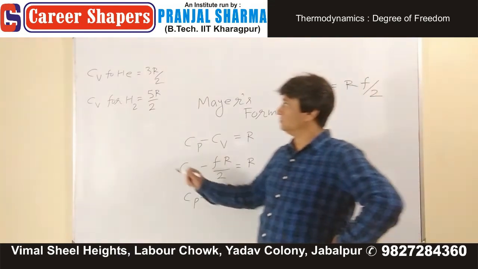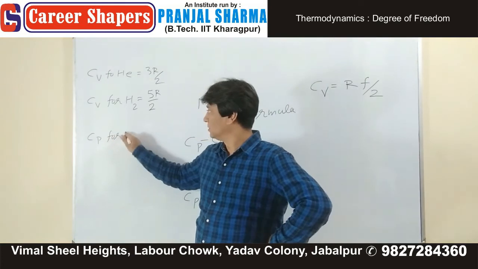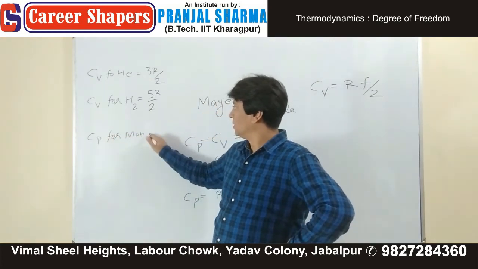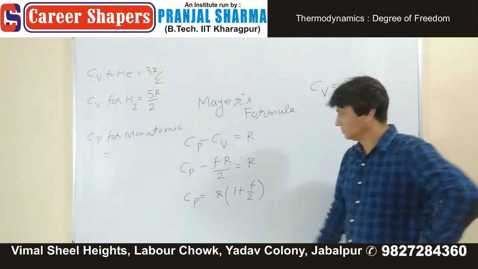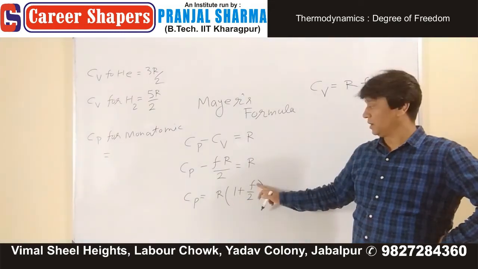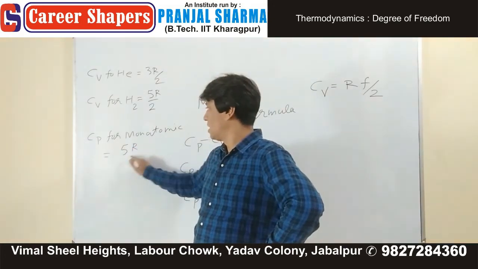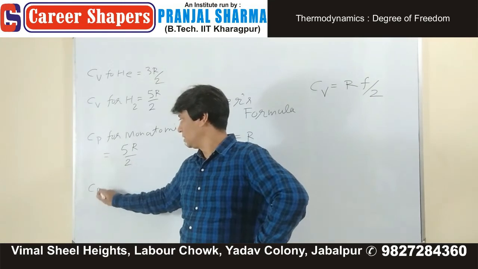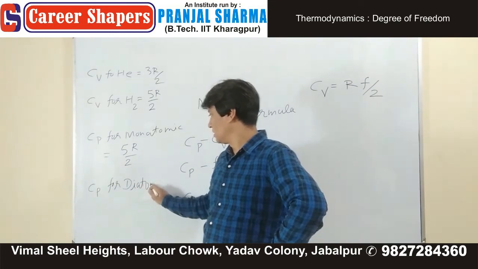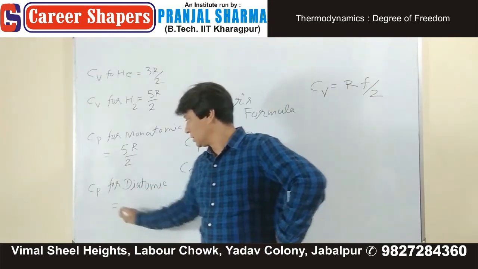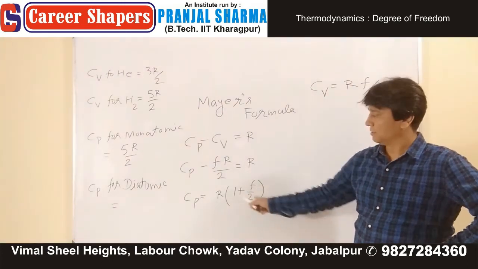So for helium or monatomic gases, it is 3, 2, 5, so Cp is 5R by 2. Cp for diatomic, 5, 7, so 7R by 2.